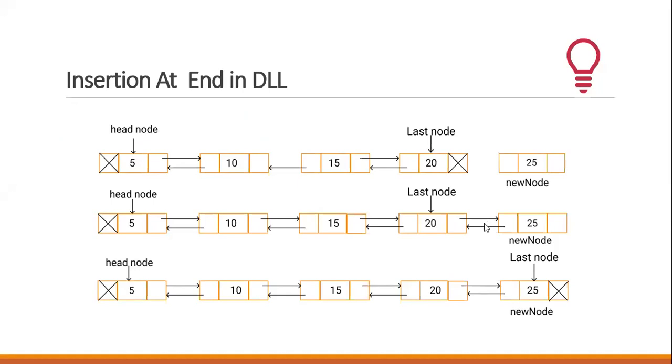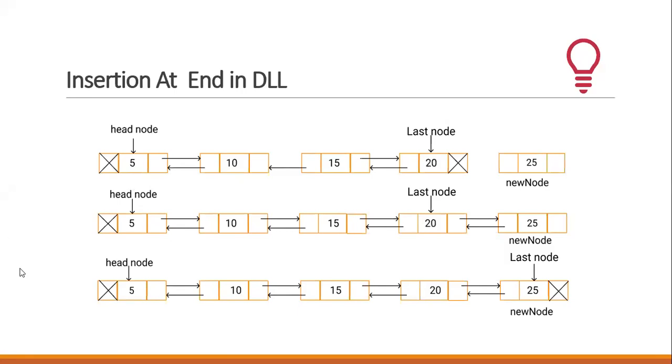And now, because the new node is going to act as the last node, because it has been inserted at the end, there has to be a significance that it should terminate. And to terminate, we know that the last of next should be equal to null. Here our last node is now our new node.